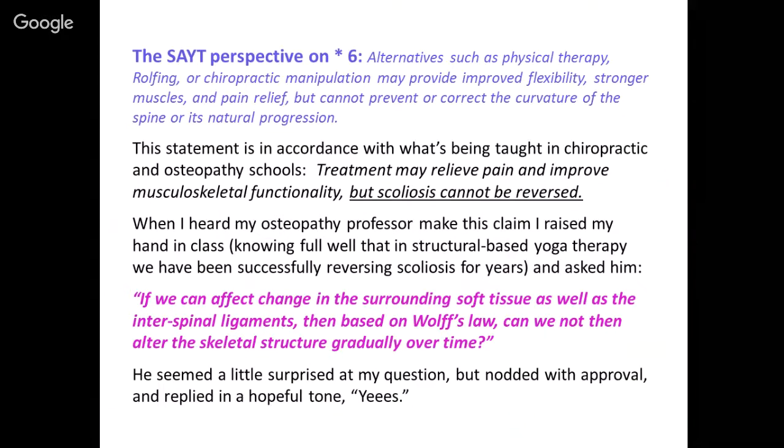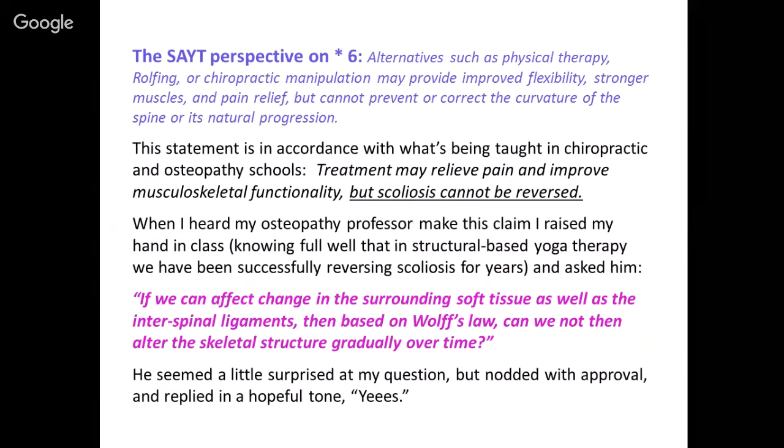I've been to 2 schools. I went to one school for 1 year, and now I'm in my 2nd year at another school. So that's 3 years so far of osteopath school. And I've heard professors at both schools say the same thing. Treatment may relieve pain and improve musculoskeletal functionality, but scoliosis cannot be reversed.